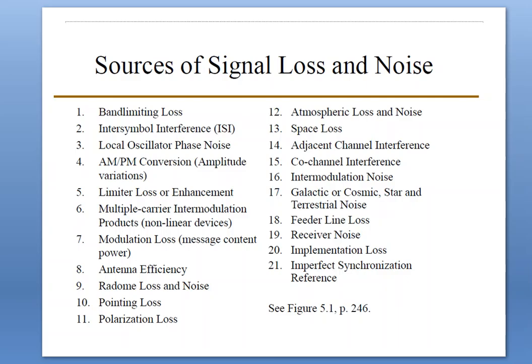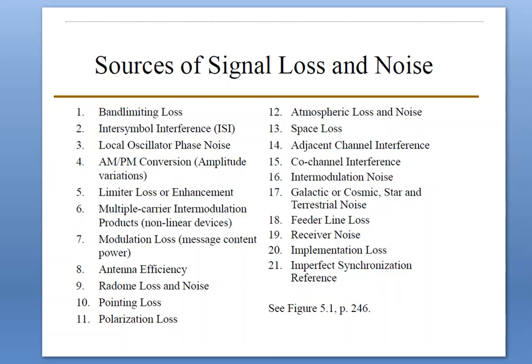A basic law of physics holds that a body capable of absorbing energy is also capable of radiating energy. Some of the energy falls in the bandwidth of the receiver and constitutes injected noise. So this is regarding radome losses and noise.